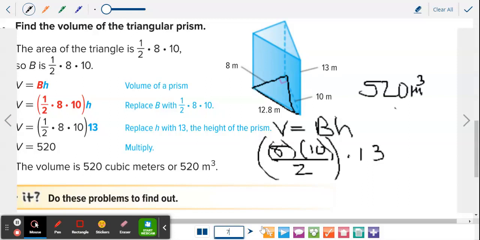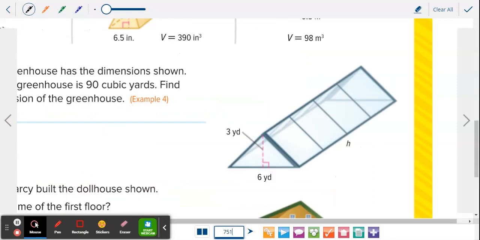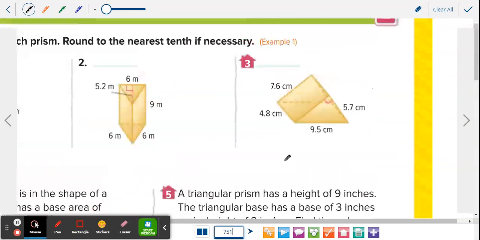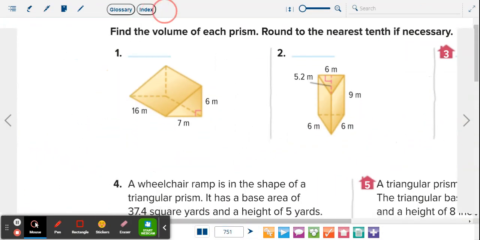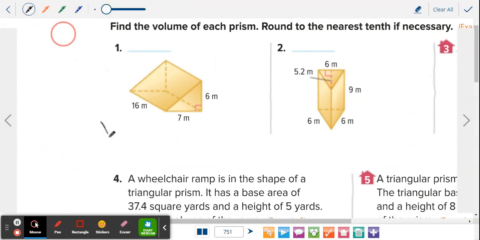So let's go over to page 751. We're going to do a few on here. Okay, number 1. So once again, the formula is area of the base times the height. So let's start with the triangle. So what's the base of the triangle? 7. So the bottom.